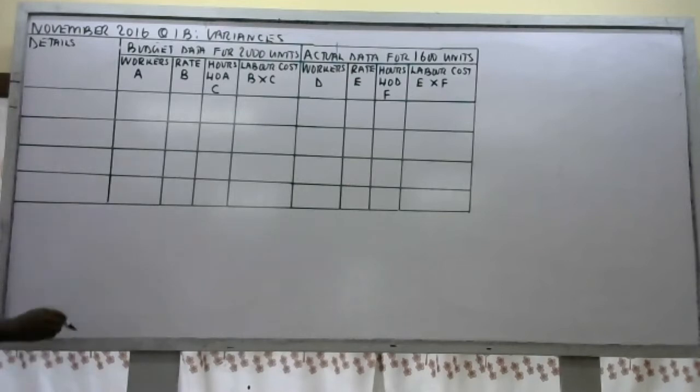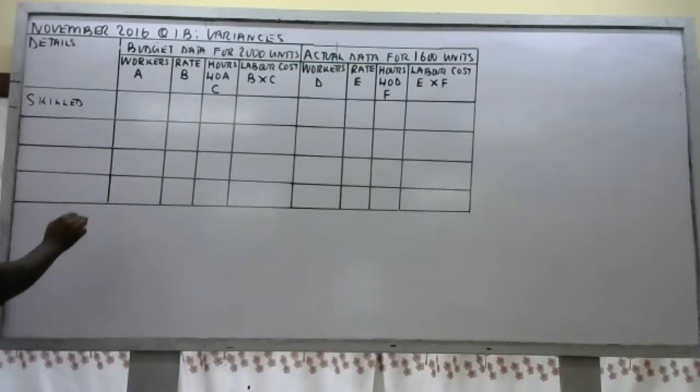The first one, they are called skilled, and these skilled, there are 30 of them.